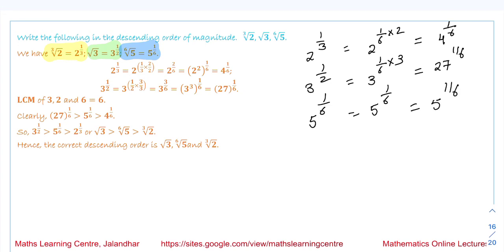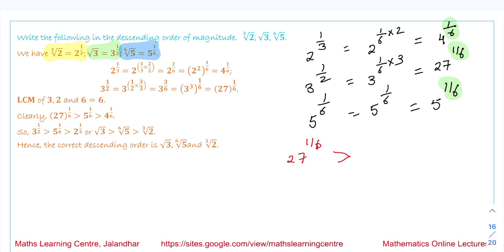So now their powers are the same, 1 by 6, 1 by 6 and 1 by 6. So numbers can be arranged. The largest number will be 27 raised to the power 1 by 6. This is the largest number.